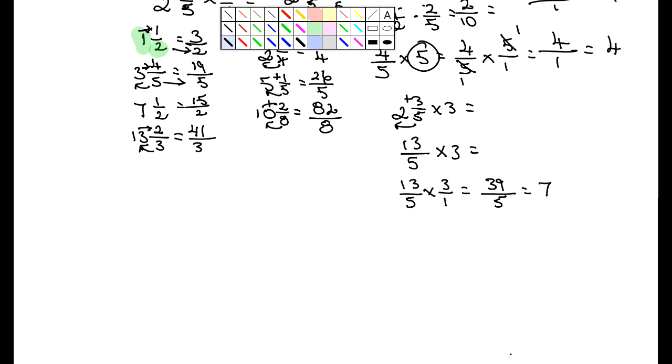What's left over? 4 over 5. So that's the answer to 2 3/5 times 3: 7 4/5.